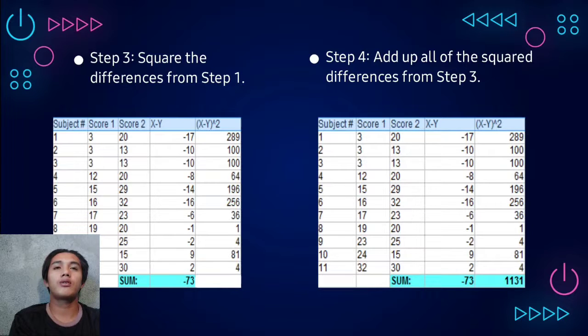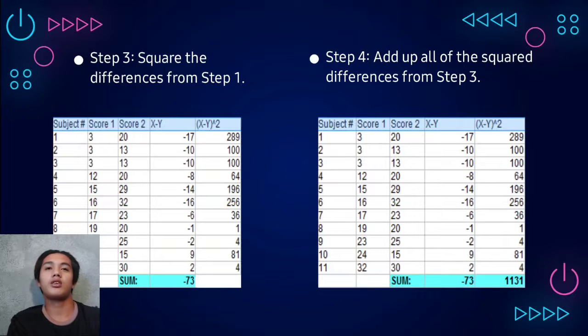Negative 14 squared is 196. Negative 16 squared is 256. Negative 6 squared is 36. Negative 1 times negative 1 is 1. Negative 2 squared is 4. Positive 9 squared is 81. Then 2 squared is equal to 4. So, we have now squared all the values of x minus y.